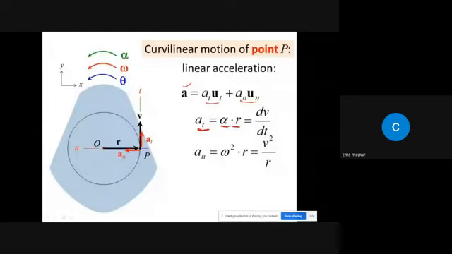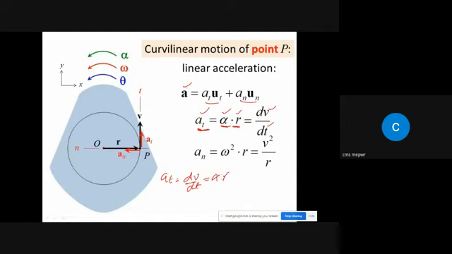So over here the tangential acceleration is equal to angular acceleration into r, and this is further equal to dv by dt, as at is equal to dv by dt, and it is also equal to alpha dot r.